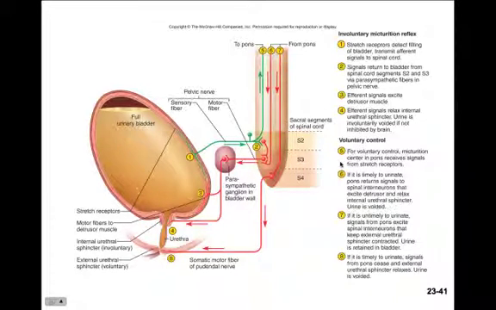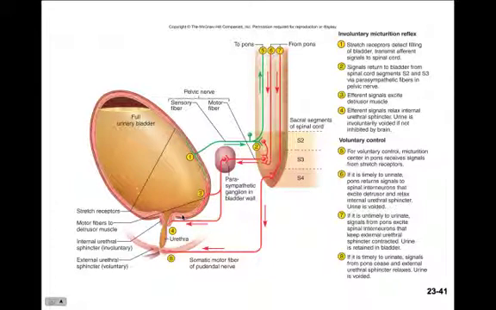For voluntary control, a micturition center in the pons is going to receive signals from the stretch receptors that the bladder is filling. And if it's timely to urinate, the pons will return the signal via the spinal interneurons and excite the detrusor and cause relaxing of the internal urethral sphincter. Urine is voided.